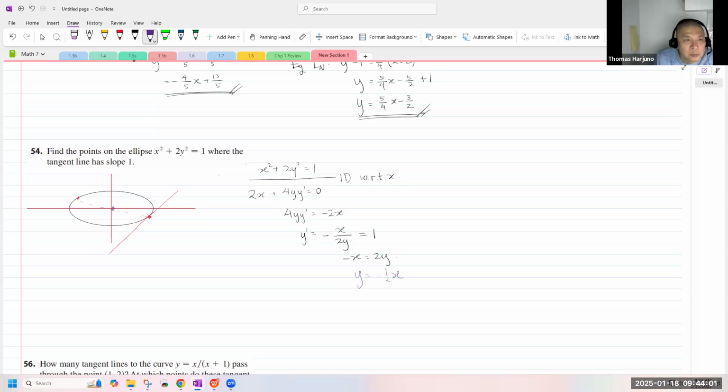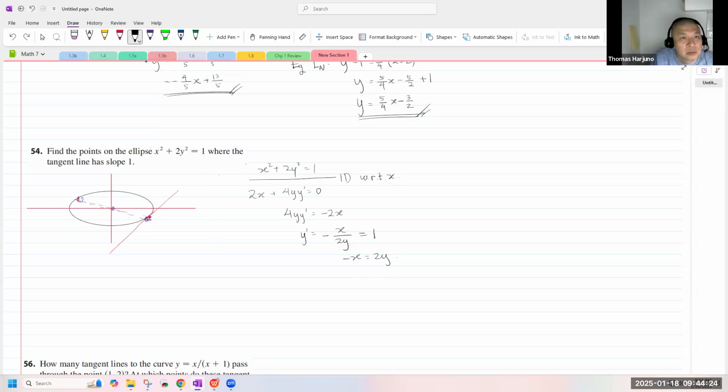Geometrically, it has to be on this line. You see? Then it shows that it is on opposite sides of the origin, right? But I need to find the points though. How to do that? Substitute the x in there.